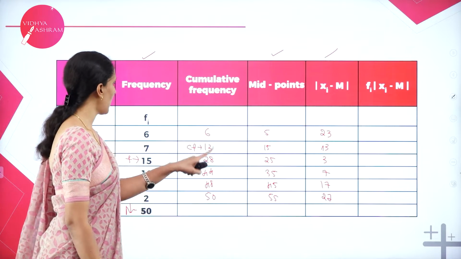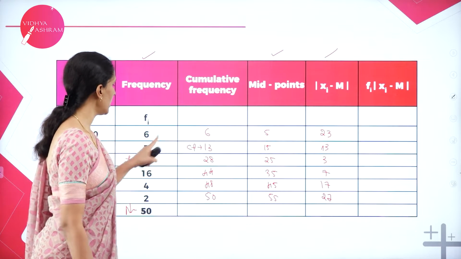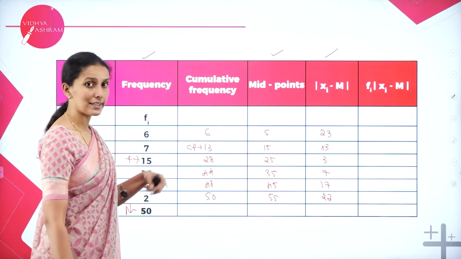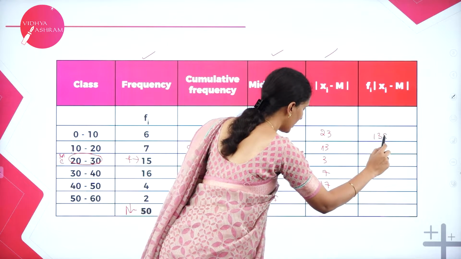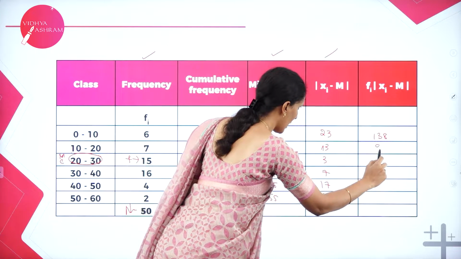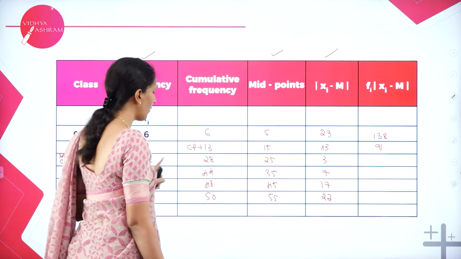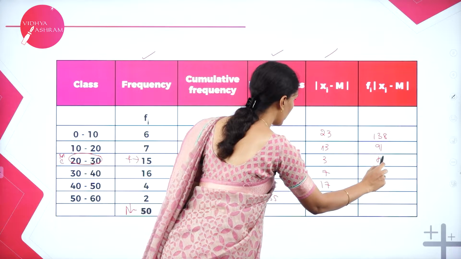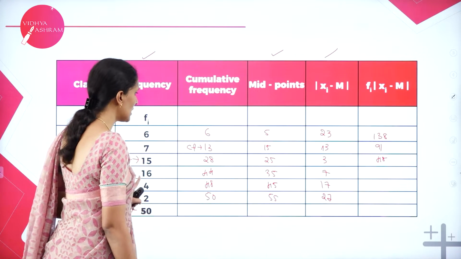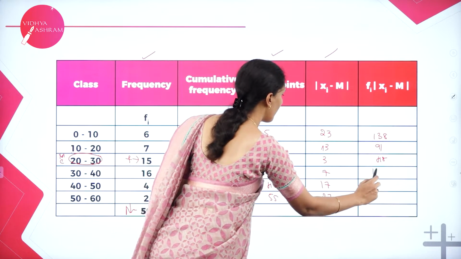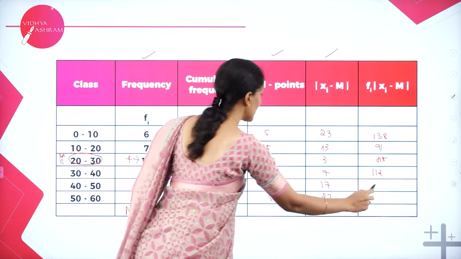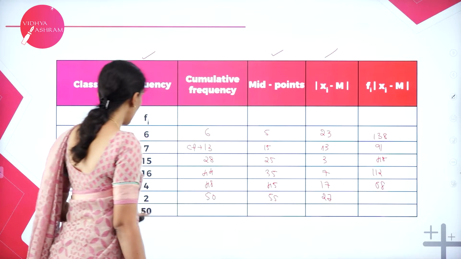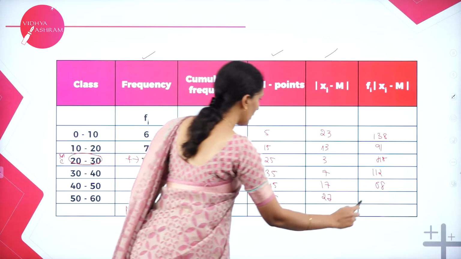After multiplying 23 into 6, 13 into 7, 3 into 15, like that, each class you will get as 138. Next you will get 91. Next you have 15 into 3, that is 45. Next 16 into 7, that is 112. Next 4 into 17, that is 68. Next 2 into 27, that is 54.